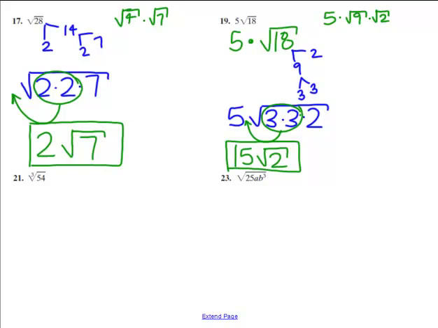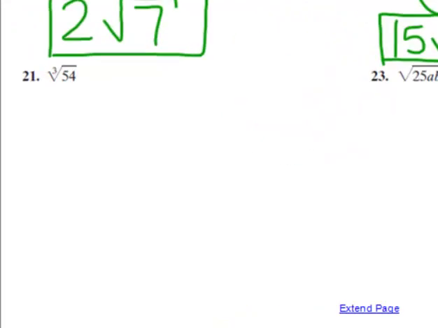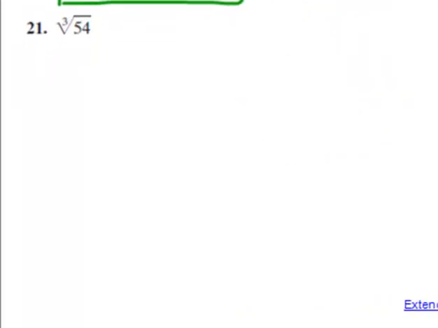You can always make the factor tree if you forget that, especially for one like 21, the next one that we have to do here. It's a cube root. So knowing our perfect cubes is always a little harder than our perfect squares. So let's just split 54 up. If I want to split this up, anything that comes to mind, let's do 6 and 9.